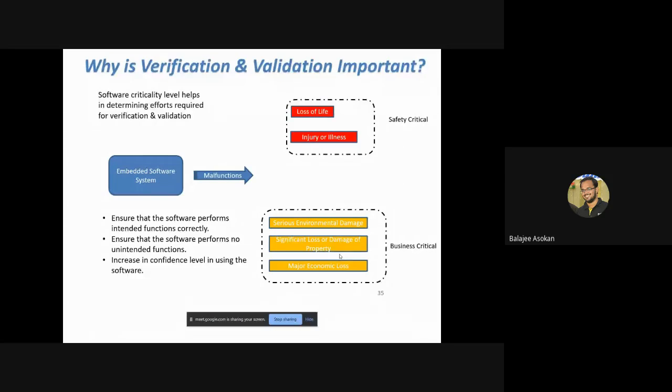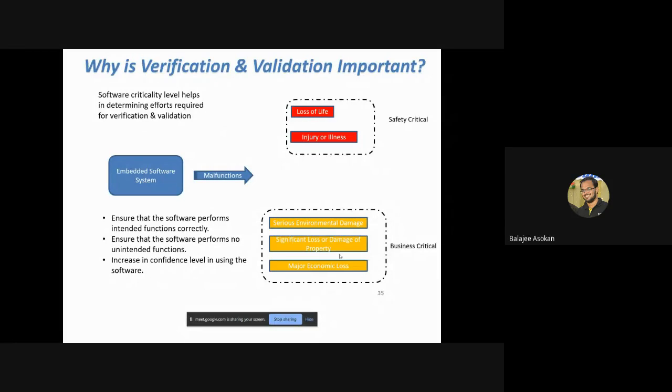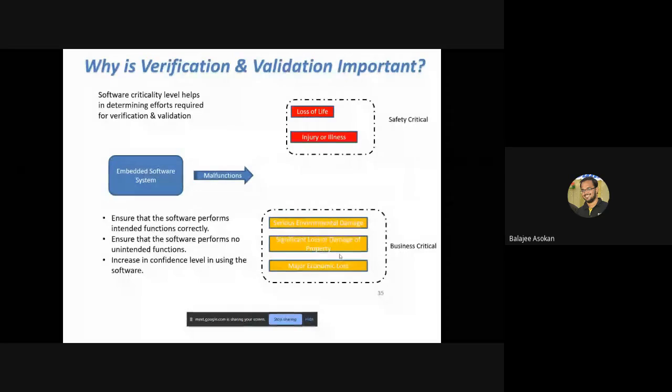Because you have rolled out the car, this car is already out in the market, to come back to check for it and to fix it and then to go out consumes a lot of time. The brand name goes for a toss, reputation goes for a toss, and all the other things. So that is one thing that we have seen.